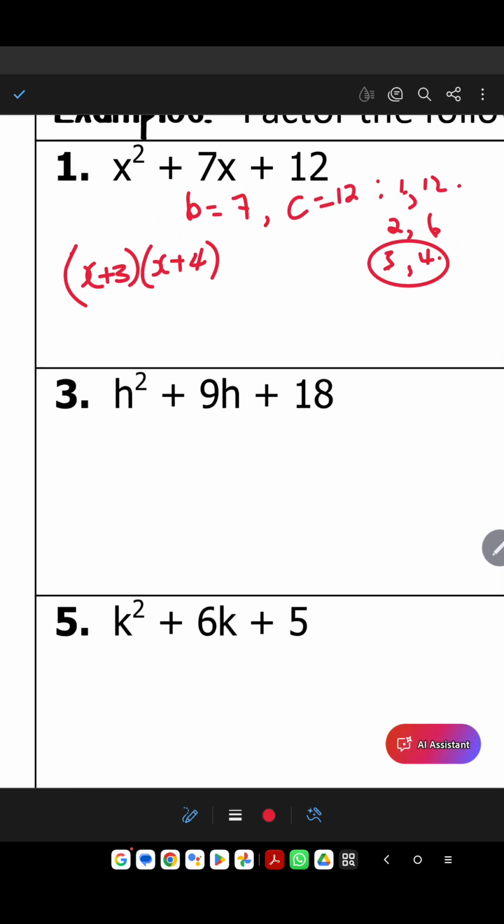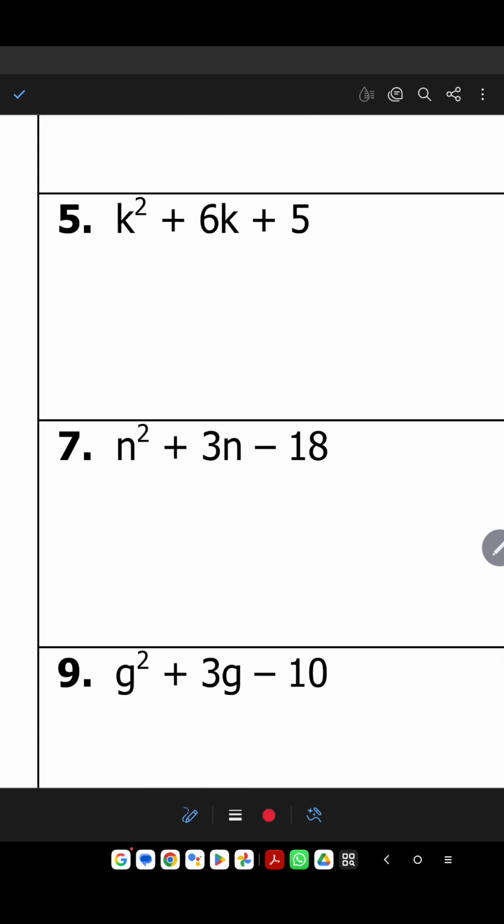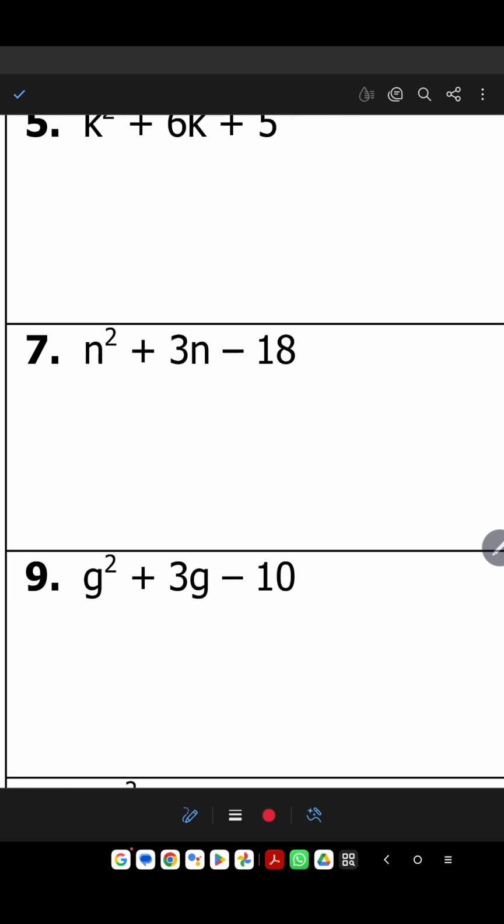All right. So for questions 1 through to 6, it's the same procedure. Now let's look at question 7. In this instance, you will notice that we have a b and we also have a c. Our b in this case is equal to 3, and our c is equal to negative 18.